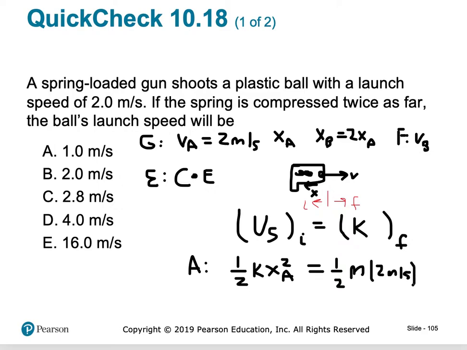And we need to square it. So we solve for XA, or we just leave it this way. We have kx squared, our halves drop out. We get kxa squared on the left-hand side, and that's equal to 2 squared is 4 meters squared per second squared times m.